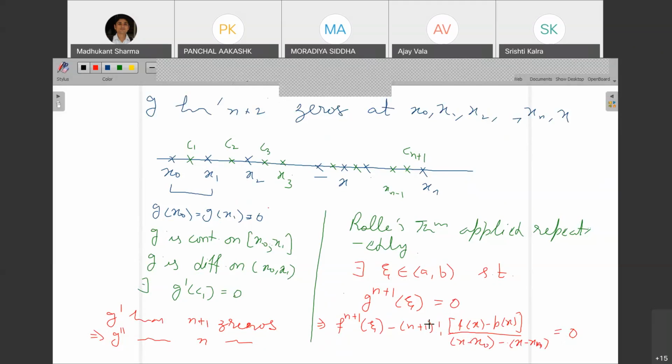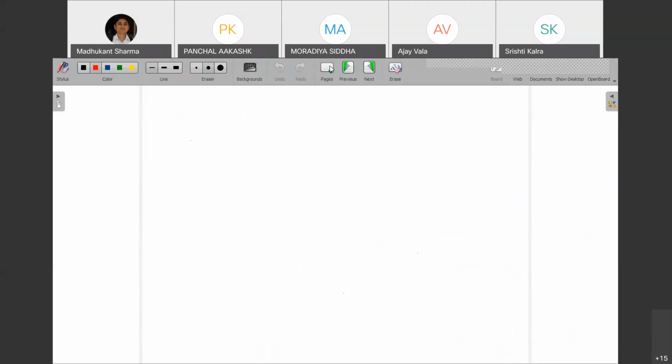And if you simplify it, you will get the result: f of x minus p of x equals f n plus 1th derivative at z divided by n plus 1 factorial times the product of i equals 0 to n of x minus xi.